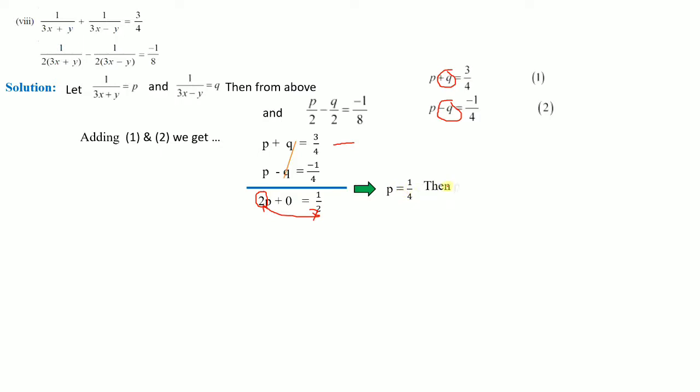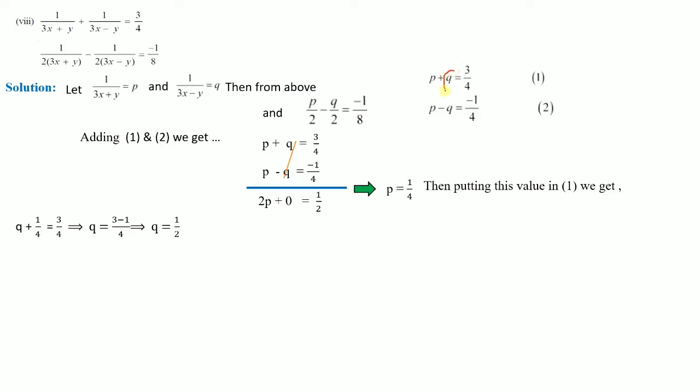Now this value we will put in the first equation. We get p is 1 by 4, so q is as it is, and instead of p we have put 1 by 4.